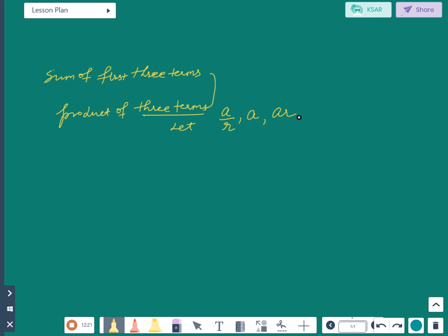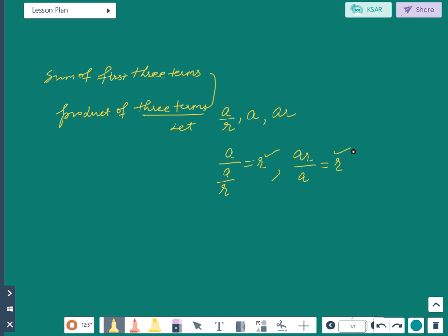Now by doing this, what happened for me? First, let us check whether the terms are in GP: a over a/r, result is r; ar over a, result is r, meaning the common ratio is the same, that is r. So the given terms are in GP. Now, why do we take such terms? The reason is that whenever we take the product of these 3 terms, the r will be eliminated.